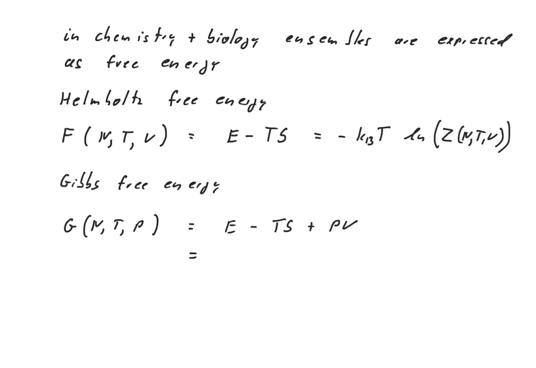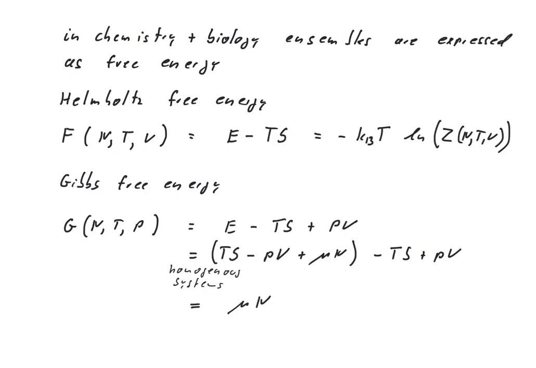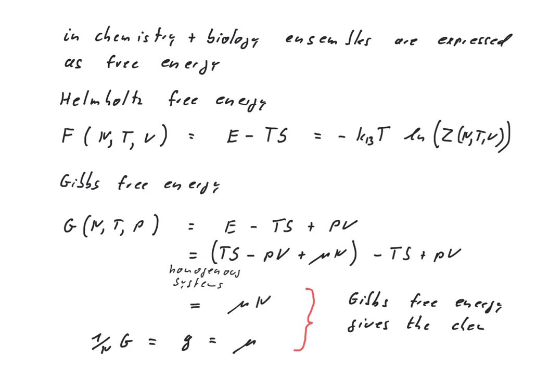Now, for homogeneous systems, we know that the internal energy is given by TS minus PV plus mu N, which together with the two Legendre transforms shows us that the Gibbs free energy is nothing else than mu times N, the chemical potential times the particle number. Hence our take-home message here is that the Gibbs free energy describes the chemical potential of a biological system that is at constant temperature and constant pressure.